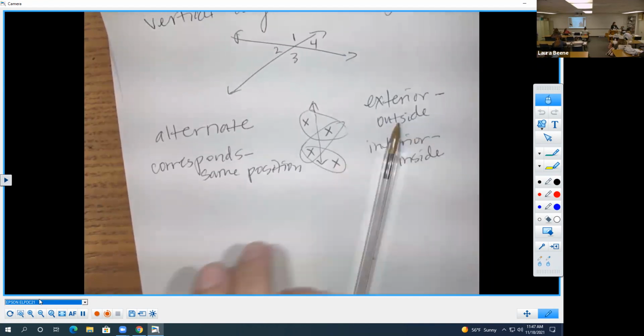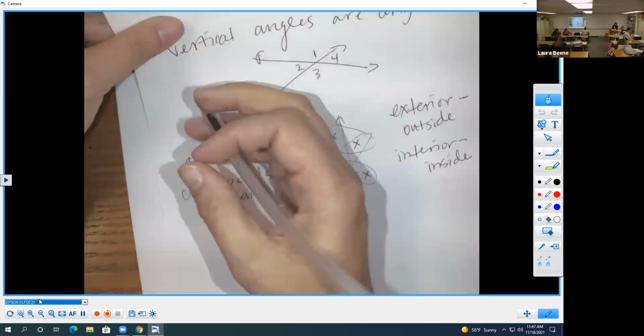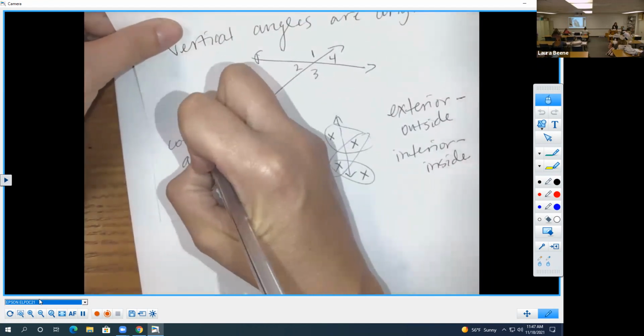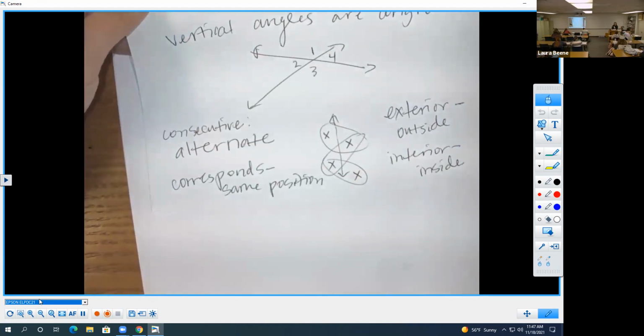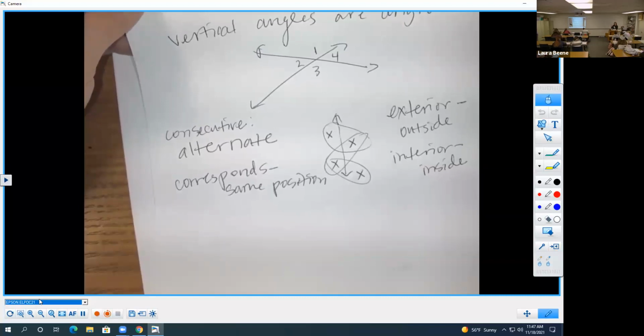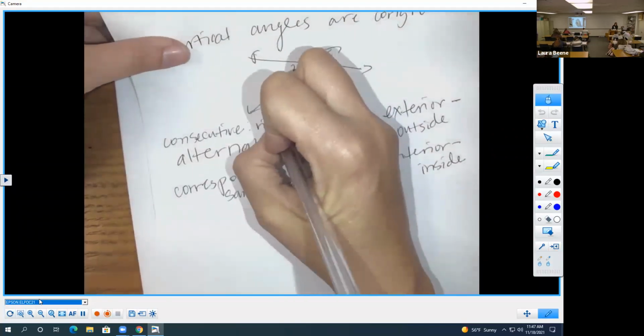What's the other one called? I gotta remember. Oh, and the last one is consecutive. What does consecutive mean? The one right after. Consecutive numbers would be 2, 3, 4, 5. So right next to each other.